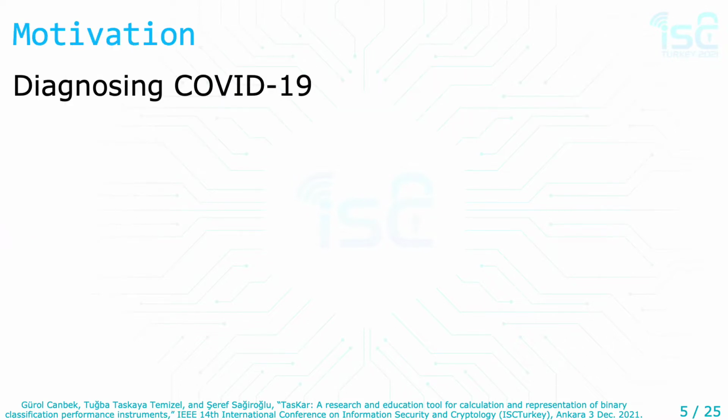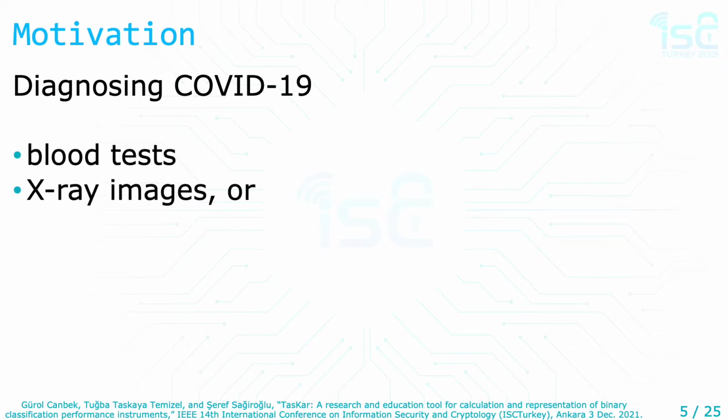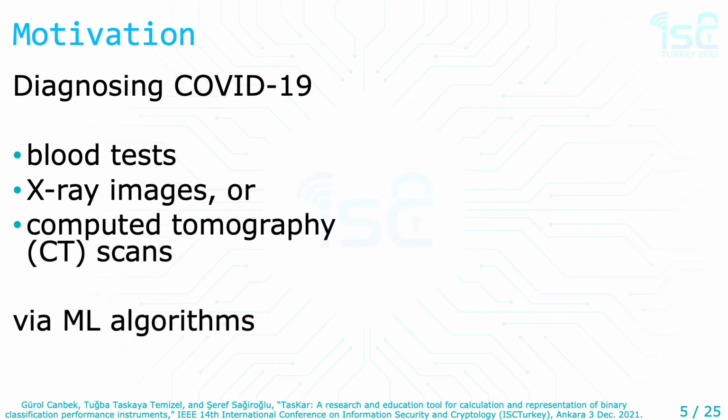As we now live in a pandemic world, diagnosing COVID-19 and its emerging variants specifically from blood tests, X-ray images, CT scans or any other modalities via machine learning algorithms will definitely be a vital solution for the whole humanity. There are many attempts in the literature.